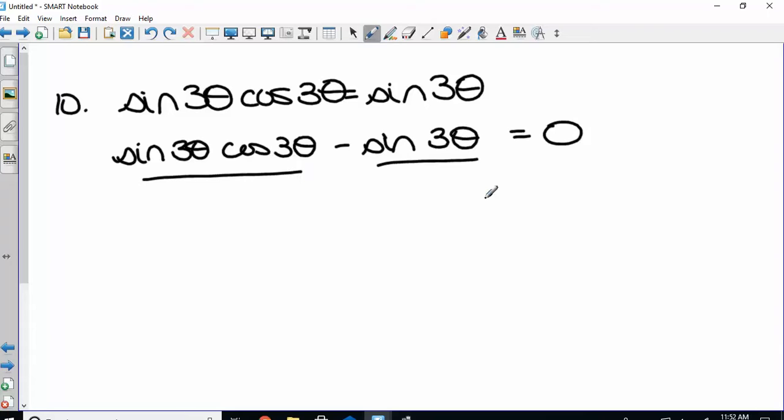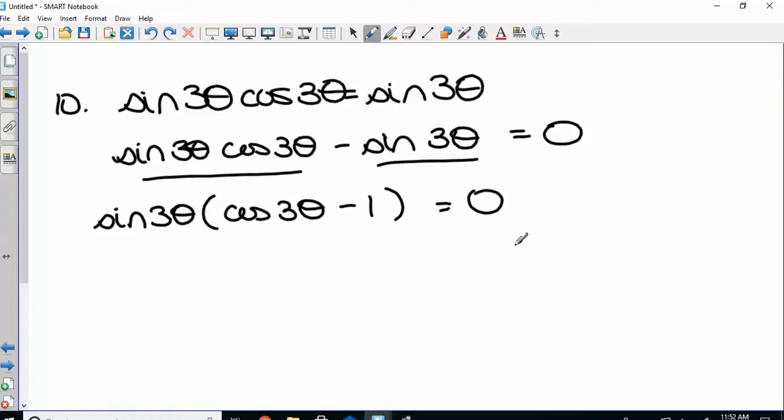I have 2 terms. Take the sine 3 theta out and set each of those to 0.